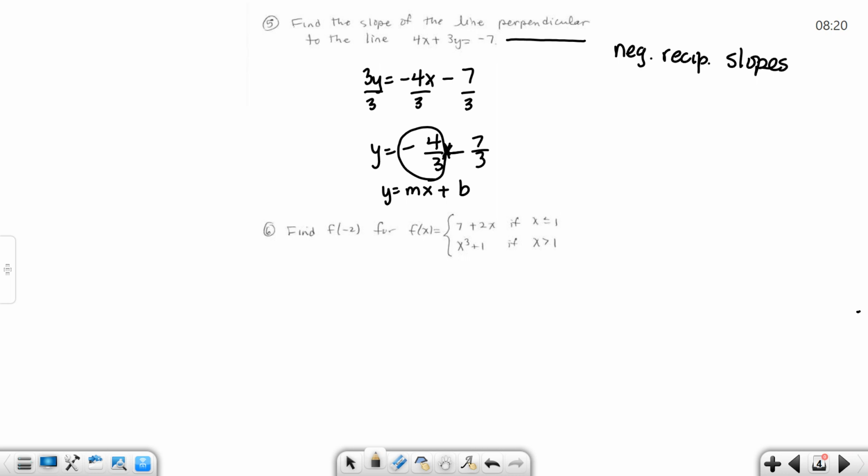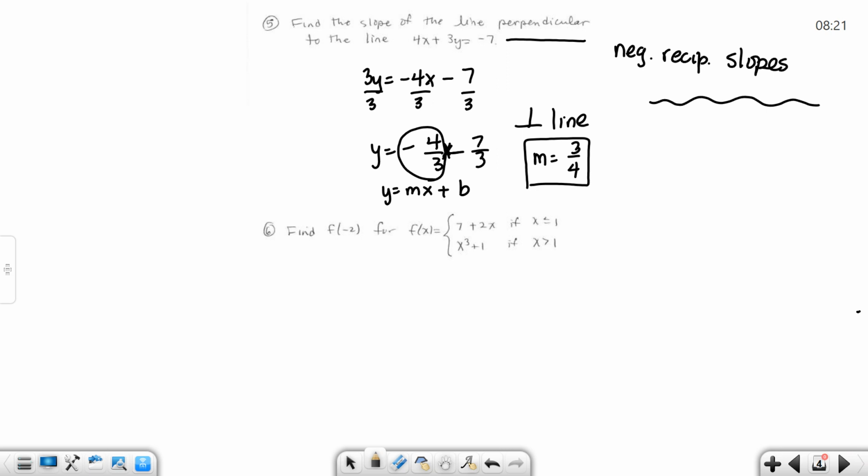Since we're wanting slope for a perpendicular line, we want the opposite reciprocal or negative reciprocal. Well, the opposite of a negative will give us a positive, and when we take the reciprocal of that fraction, we will get 3/4. So the slope we are looking for a perpendicular line is the positive 3/4.